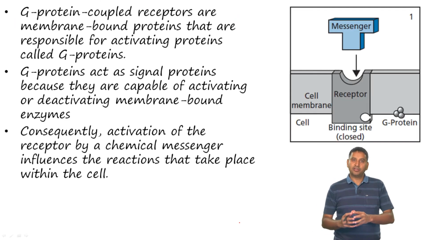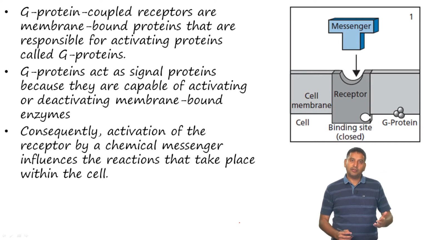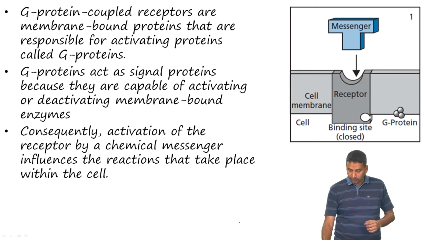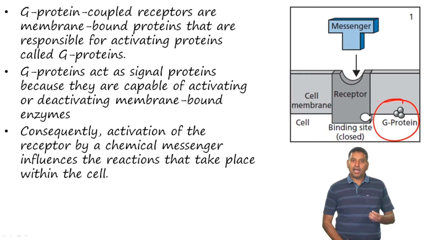G protein coupled receptors are membrane bound proteins that are responsible for activating proteins known as G proteins. G proteins act as signal proteins and they are capable of activating or deactivating membrane bound enzymes. Consequently, the activation of the receptor by a chemical messenger influences the reaction that takes place within the cell.